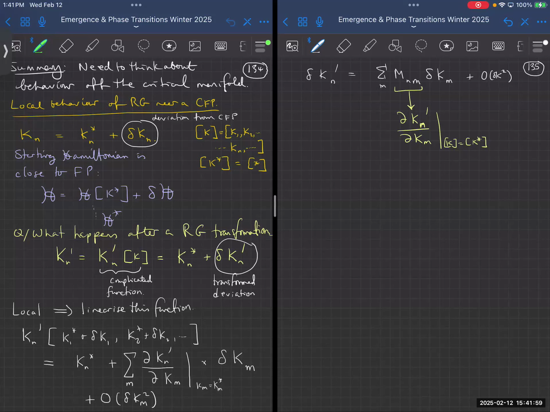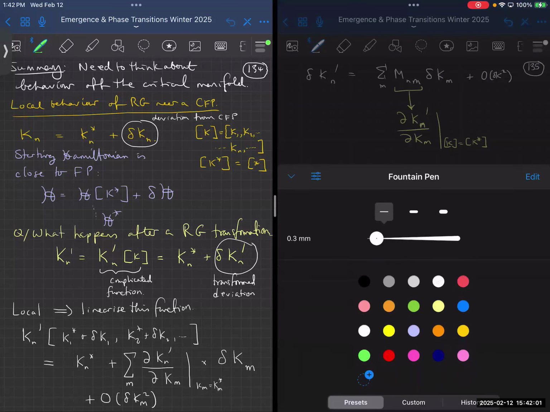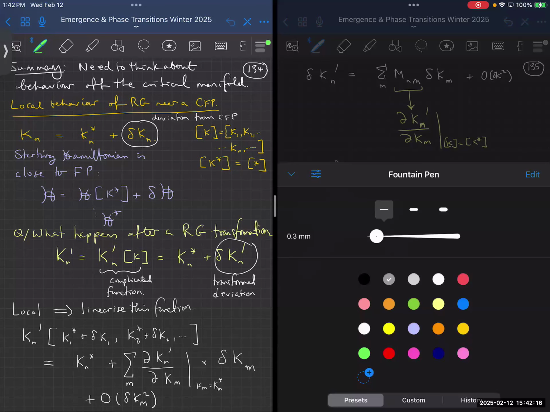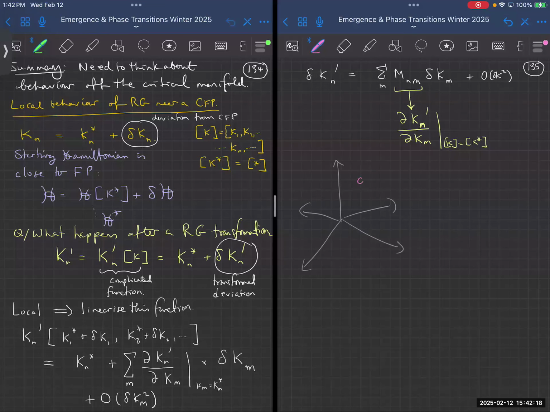So let's have a look just geometrically at what I've just written down. So let's suppose I draw my infinite dimensional coupling constant space like this. So there's my coupling constant space. Let's suppose that over here I have my critical fixed point.